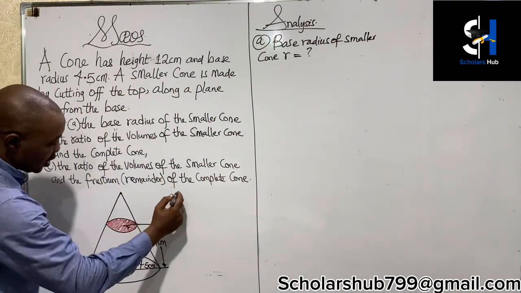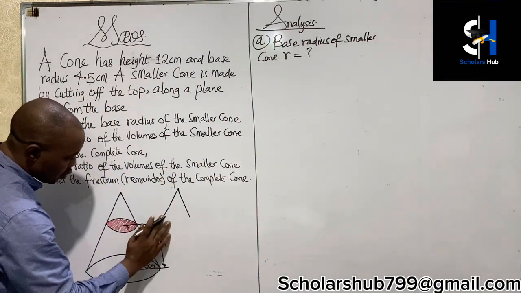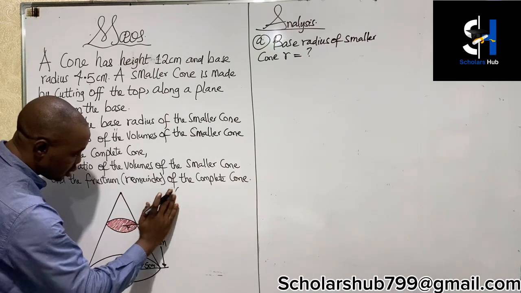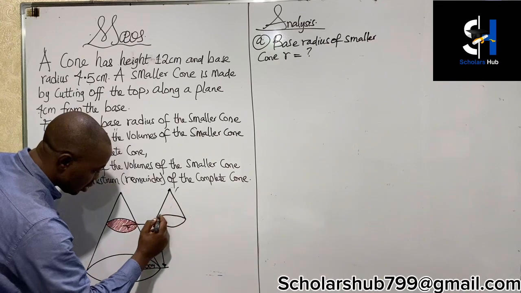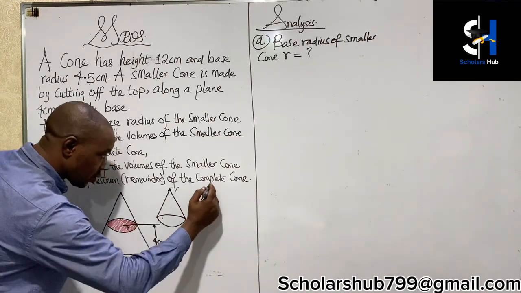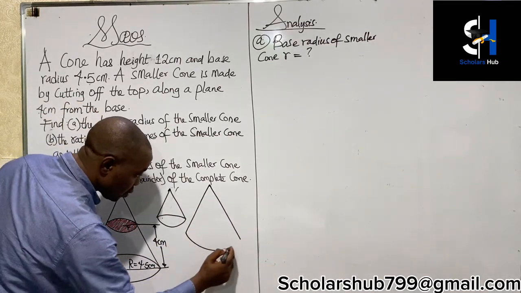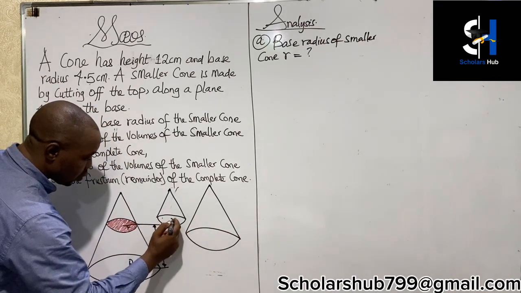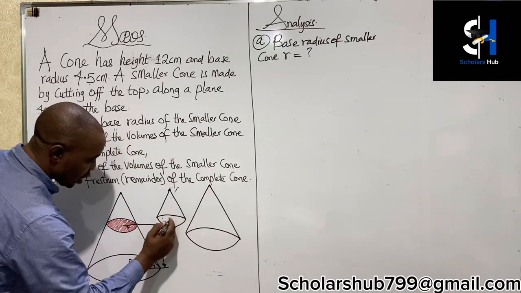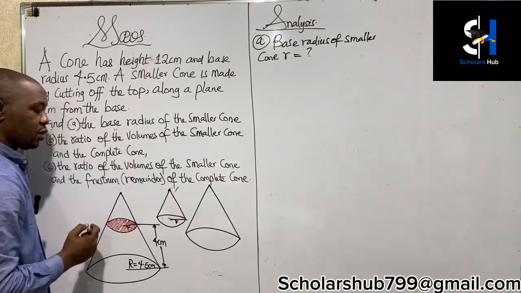So we have a smaller cone, and we have a larger cone. For the smaller cone, the base radius is small r.